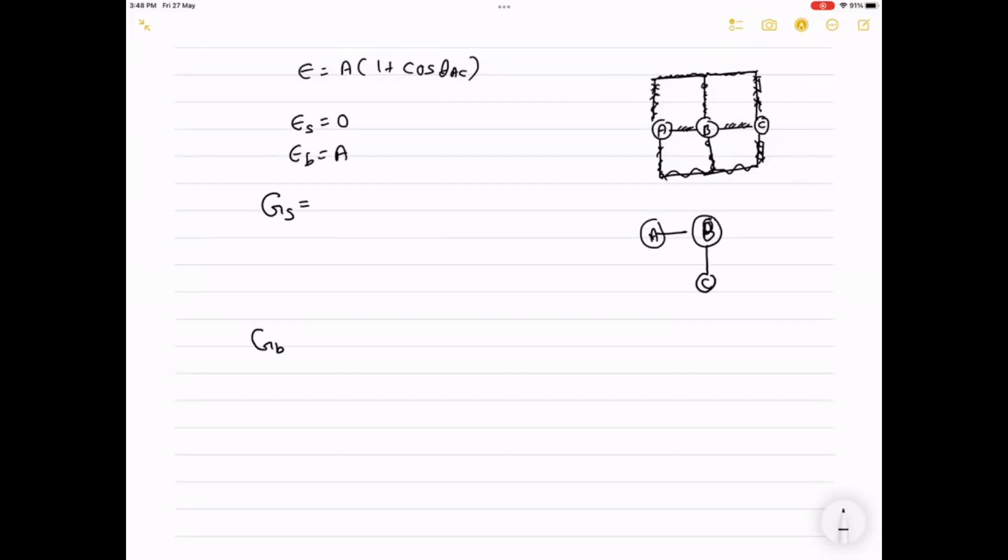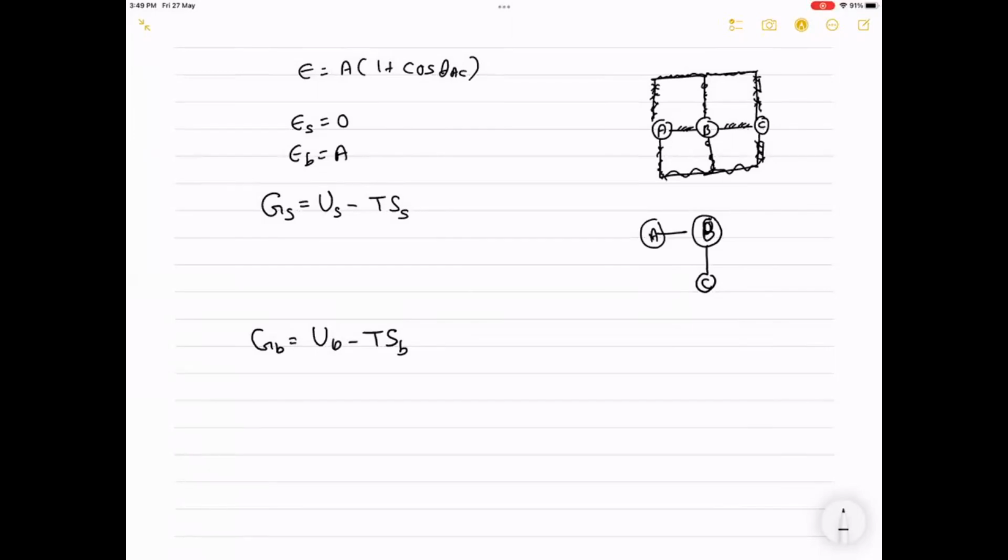We know that the free energy of the macroscopic state will be given by the average energy of the straight macroscopic state, U_S, minus T S_S, the entropy of the straight macroscopic state. Similarly, this one will be U_B minus T S_B. Now I am calling that straight state a straight macroscopic state, which means there are also other possibilities for this protein to exist in other microscopic states.